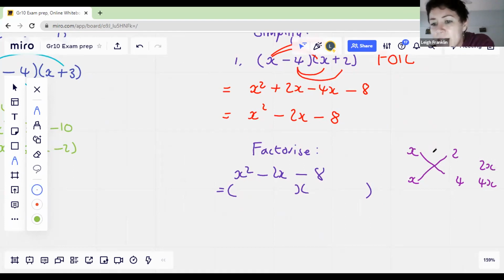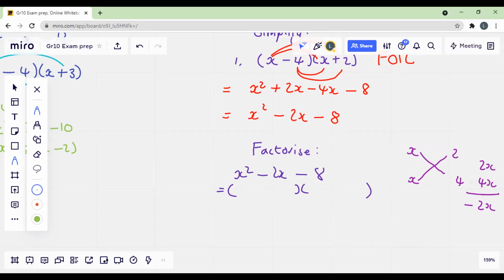Now, before deciding what sign has to go inside, we have to go back and fetch our middle term together with its sign and put it underneath. Because if we want a minus 2x, then which of the 2x or the 4x here has to be the negative? The 4 has to be the negative, and the 2 has to be positive.